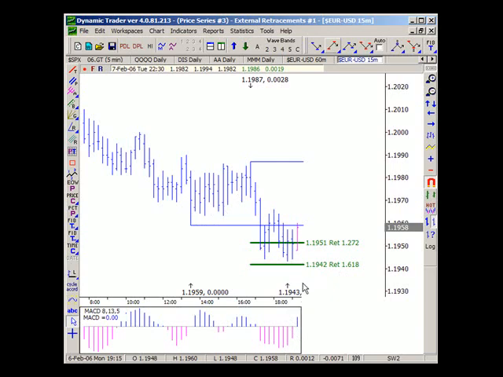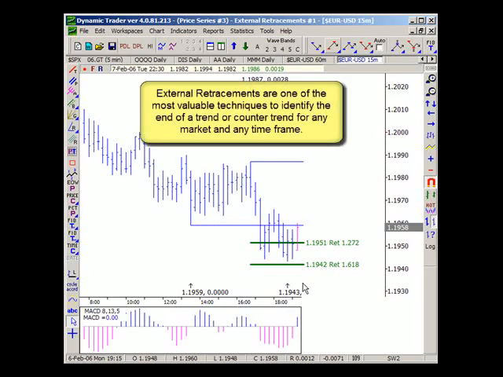We were prepared in advance, then we let the market give us the signal. Do you see how valuable these external retracements can be to identify the end of a correction or the end of a trend and to give us setups with very high probability, very low capital exposure?